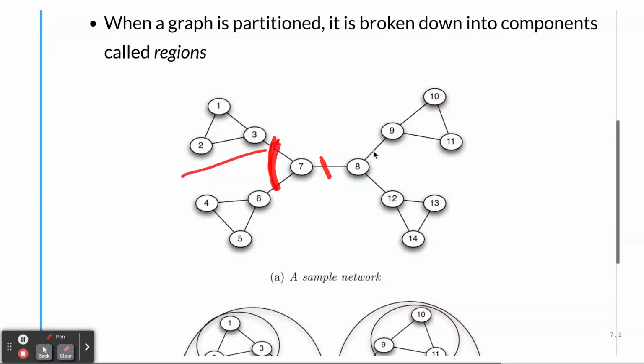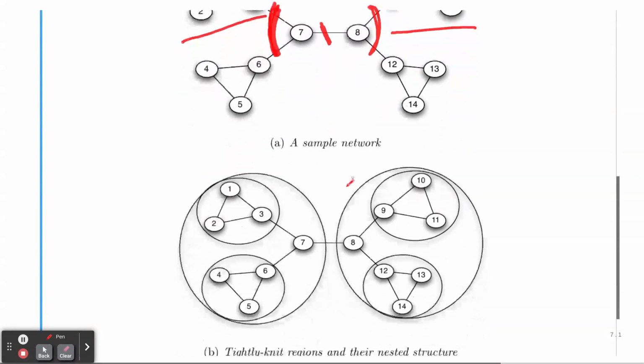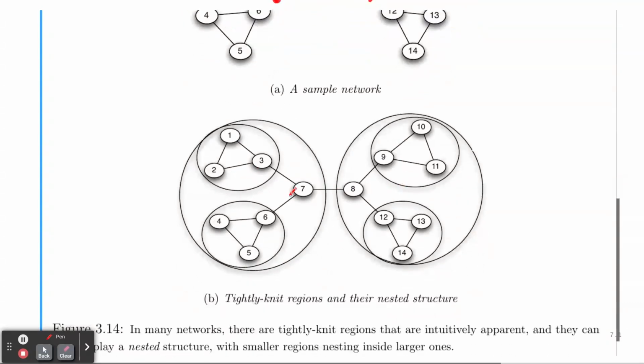At the same time, we would do the mirrored severing of links here, so now we have a nice separation between 9, 10, 11 and 12, 13, 14. These circles show you where these regions would come if you were to sever these local bridges.